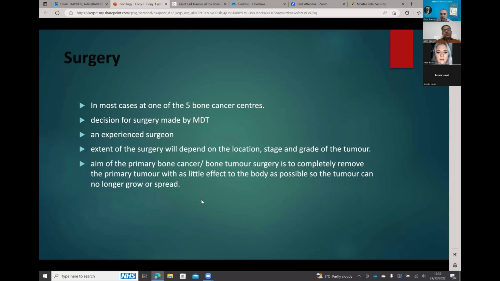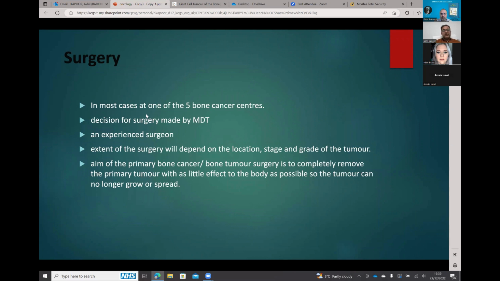Now, let's see a few management options. First of all is surgical interventions. These are, again, as we said, done after biopsy and diagnosis, and grading and staging have been done. And these should be done in the tertiary bone center under the auspices of a multidisciplinary approach.